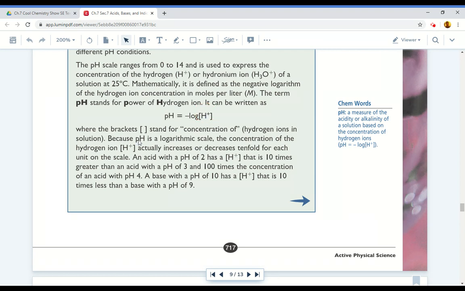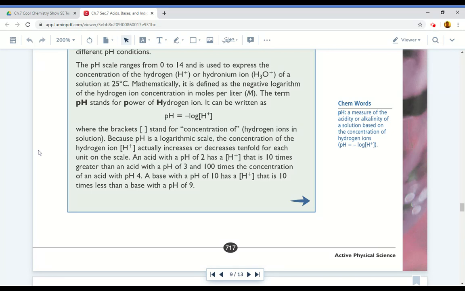Because pH is a logarithmic scale, the concentration of the hydrogen ion actually increases or decreases tenfold for each unit on the scale. An acid with a pH of 2 has a concentration of hydrogen ion in solution that is 10 times greater than an acid with a pH of 3 and 100 times the concentration of an acid with a pH of 4.